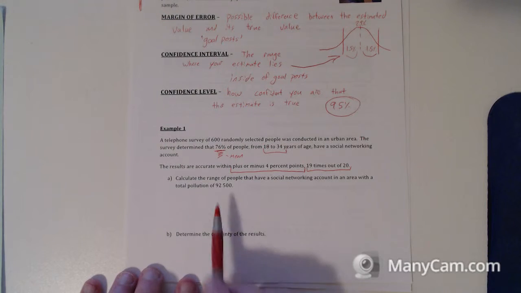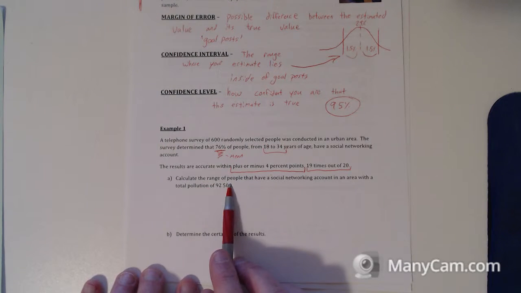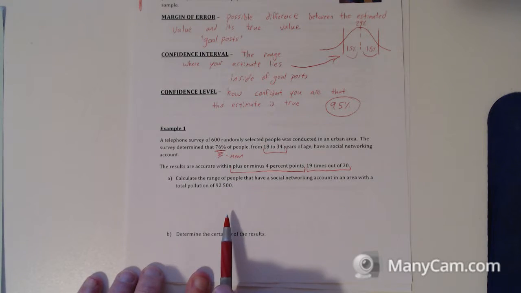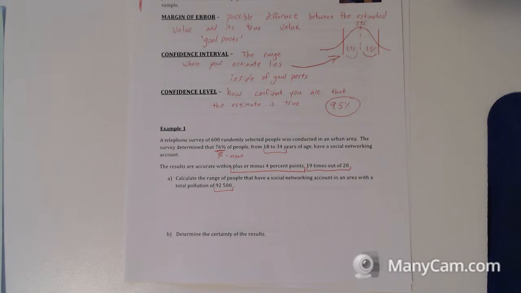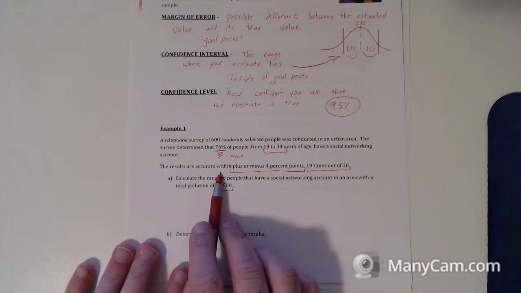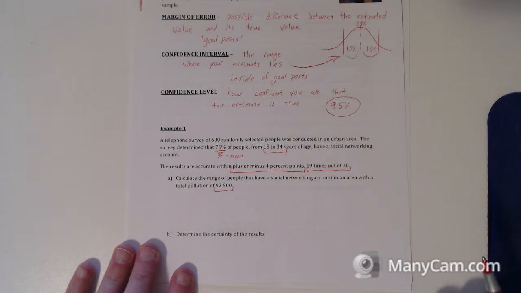Okay, so let's see if we can answer questions. Calculate the range of people that have social networking accounts in an area where the total population is 92,500. Okay, so what are we actually asked to do here? They want the range, so I'm going to calculate the confidence interval.